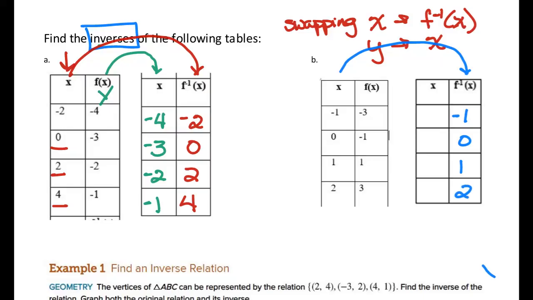What were my f of x values, which is just the y, is now going to become the inverse by changing to the x value. So that's -3, -1, 1, and 3. Any questions about that?